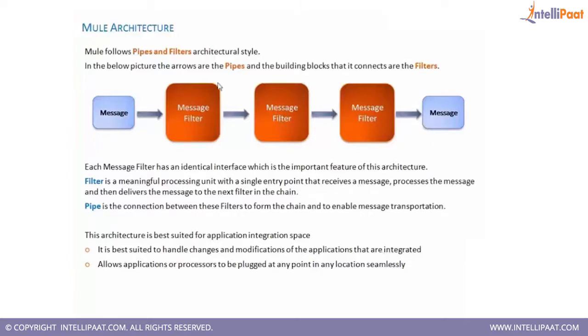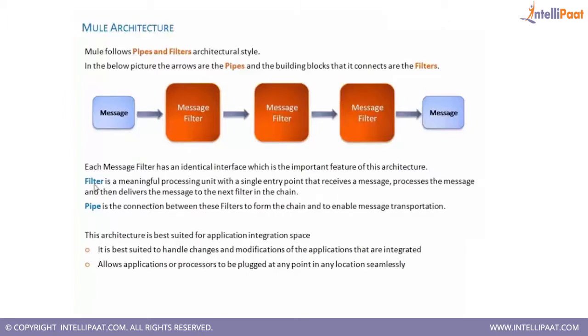The sequence can be interchanged, and at any point in time, if there is a change coming and we want to introduce some new component in between the flow, then it allows very smooth integration of that component without affecting all the others. This way, this architecture best fits our service orchestration, and this is the architecture that forms the core of Mule.